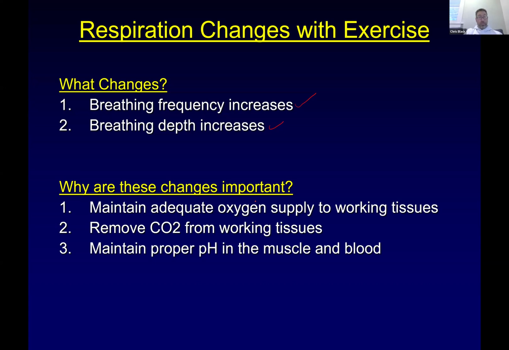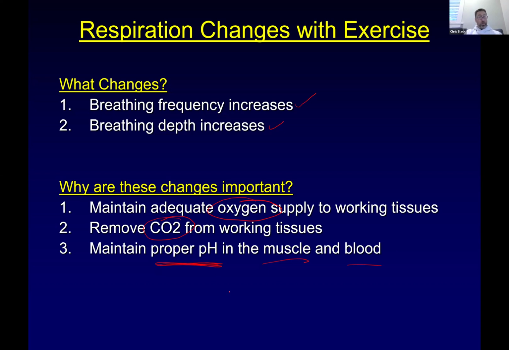Because it allows us to bring in more oxygen to supply that need at our tissues. It helps us remove the extra CO2 that is being made at the tissues, and it helps us to maintain the proper pH in both the muscle and in the blood. More breathing means that we're removing more CO2, so we're putting more CO2 into the blood in all of those ways.